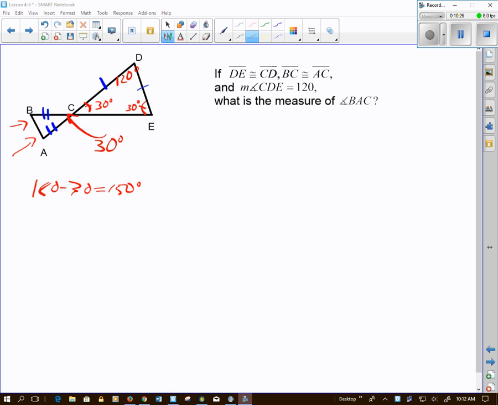So that means that angle CBA is 75 degrees, and angle CAB is also 75 degrees, which is the angle we wanted. So the measure of angle BAC is 75 degrees.